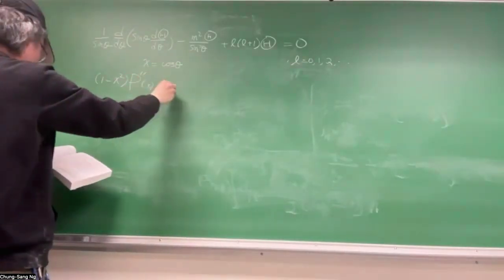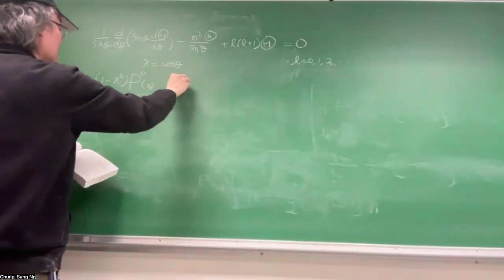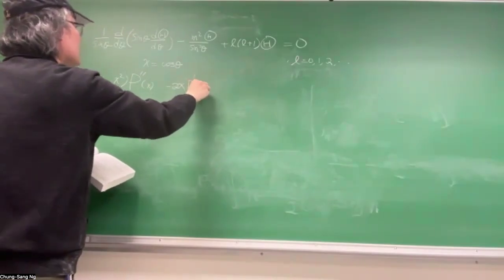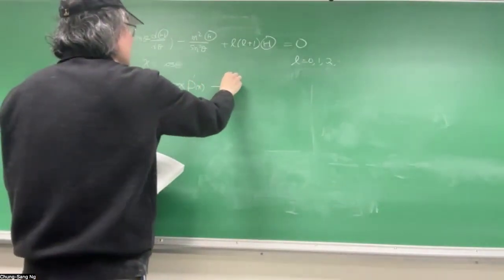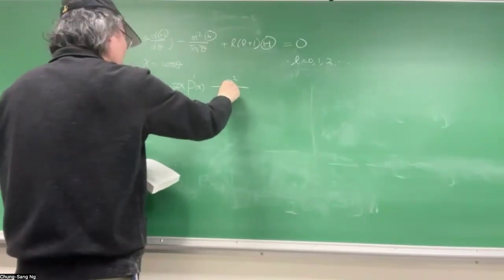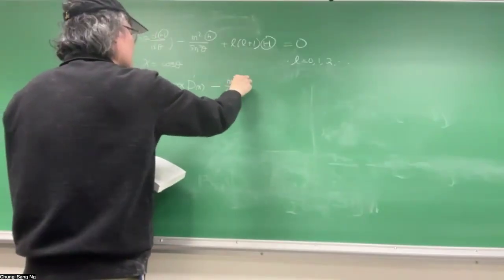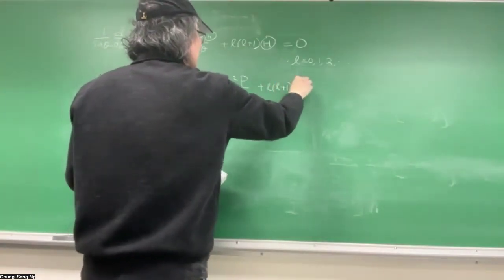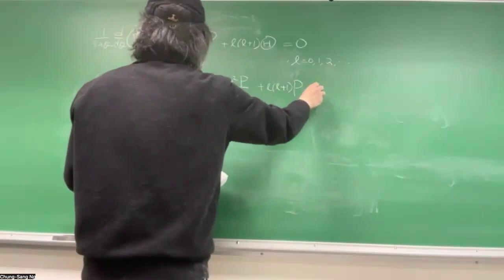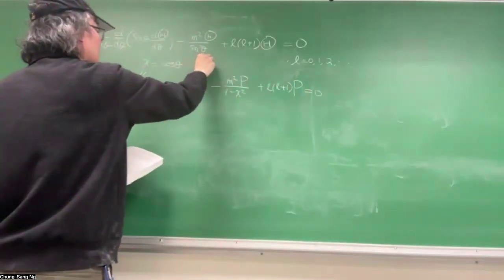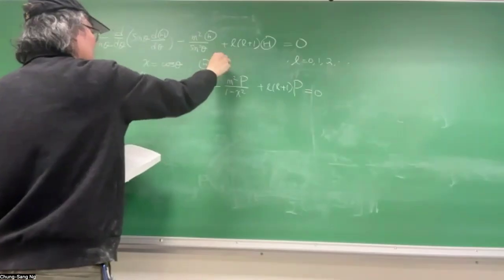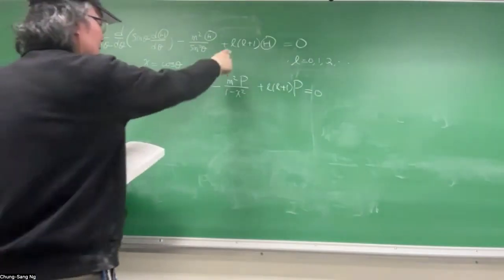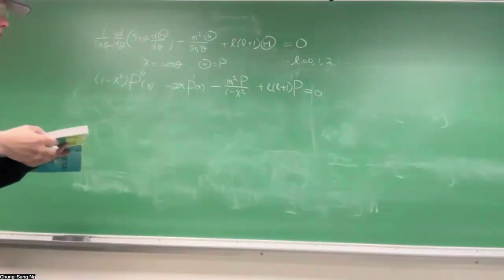And P is a function of x, minus 2x P prime, and minus m squared, where sine squared theta becomes 1 minus x squared. Cos theta equals x, and then you convert this to this equation.